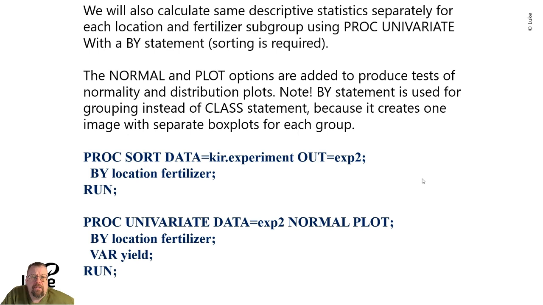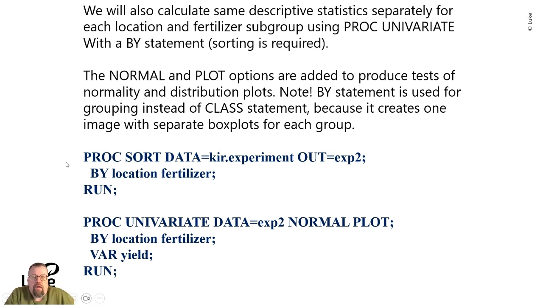The by statement is used here instead of the class statement for subgrouping, mainly because that gives us a nice box plot combining all the groups in one image. So that's why we use the by statement.